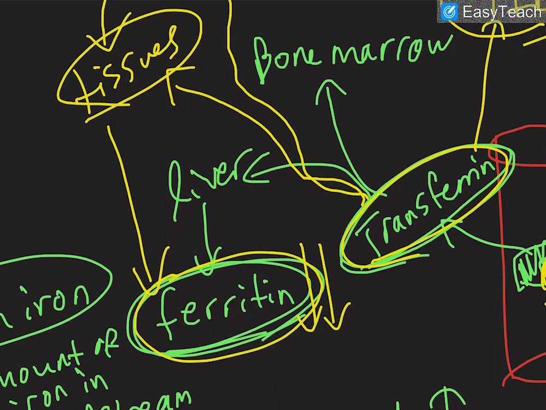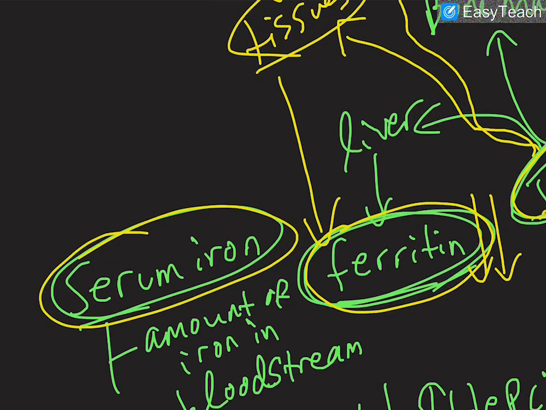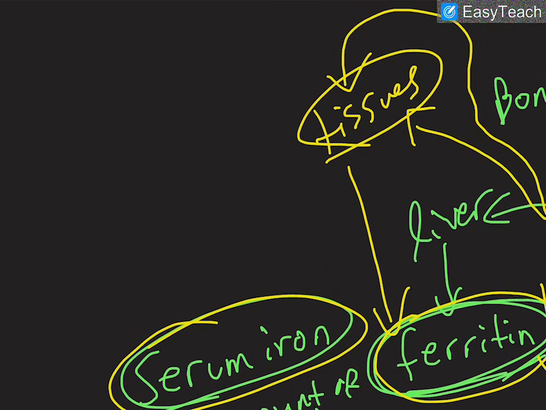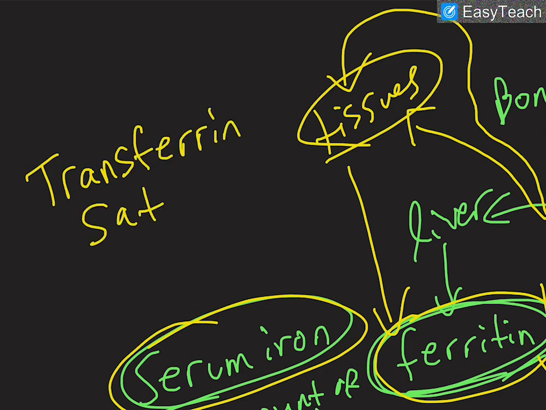Then we're familiar with ferritin and serum iron, but we should also be familiar with something called transferrin saturation, the percent saturation of our transferrin molecules. So it's going to be a percent value.